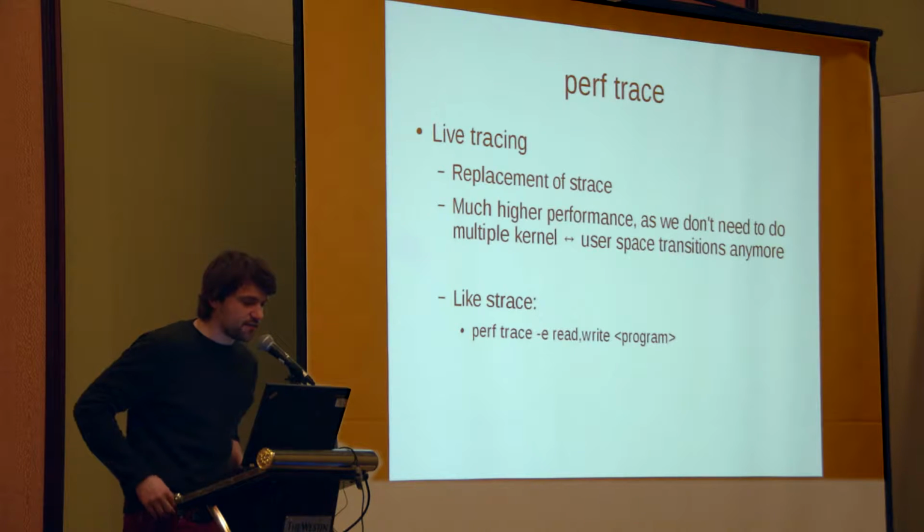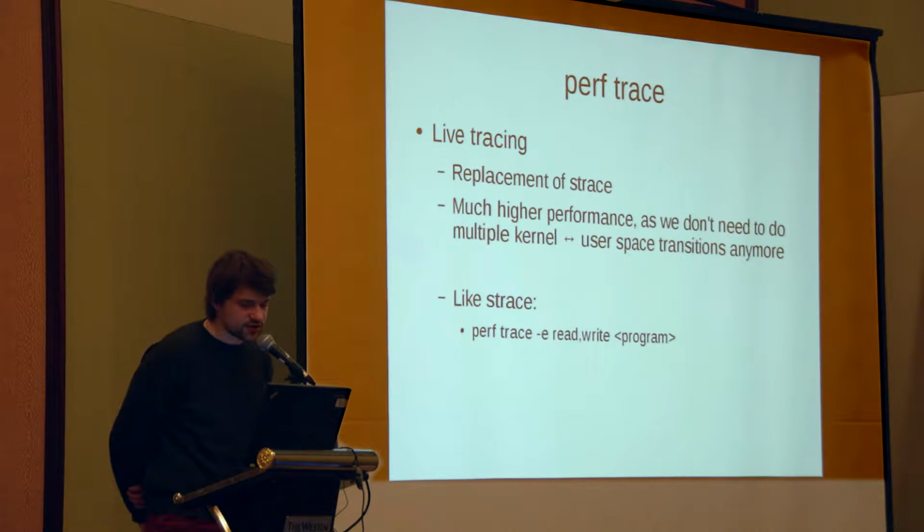I said that basically perf is mostly post-mortem analysis, and there's a new tool coming up which is perf trace, which I more and more use as a replacement for strace, because strace is very, very slow. It does a user space kernel transition two times for every syscall.